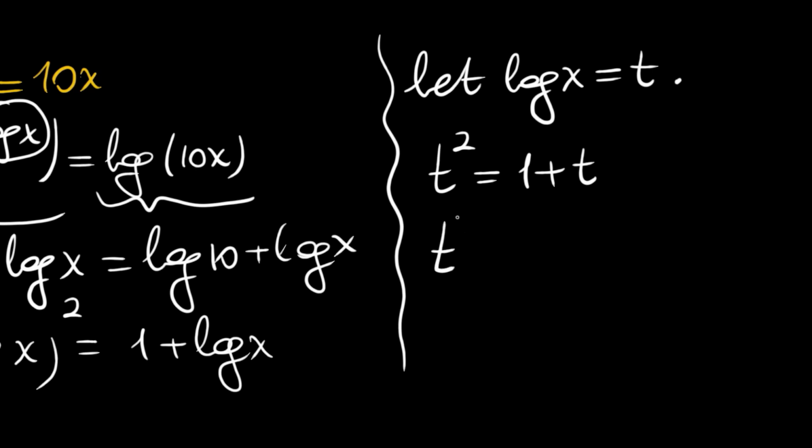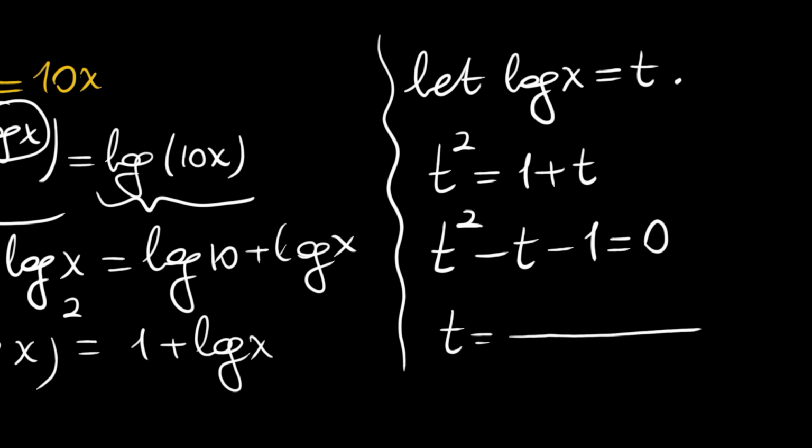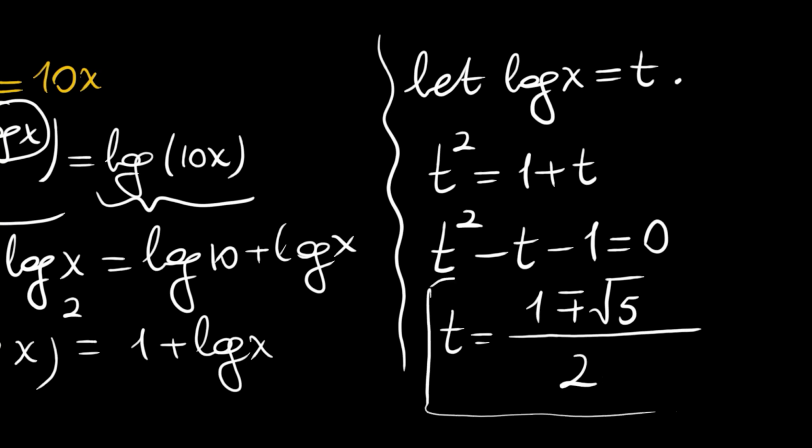Having everything on the left-hand side, t squared minus t minus 1 is equal to 0. t can be found by the quadratic formula: negative b, which is 1, plus or minus the square root of 1 squared minus 4 times 1 times negative 1, which will be 5. So 1 plus or minus root 5, divided by 2, is our solutions for t.